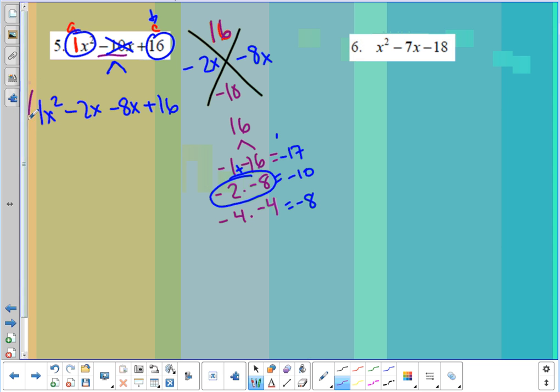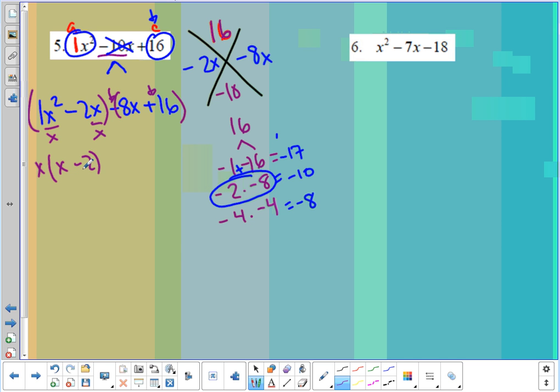And now I factor by grouping. So from this group, I can take out an x. And I have x minus 2 left over. And then from that group, I can take out an 8, but actually I want it to be a negative 8 because if you'll notice, this one is negative and that one's positive. I want them to flip.